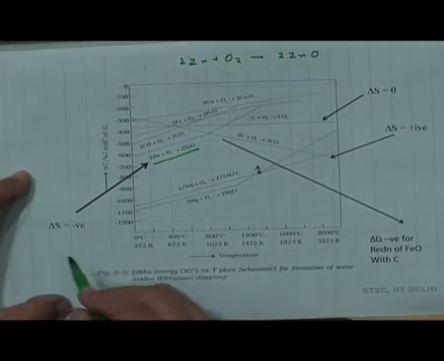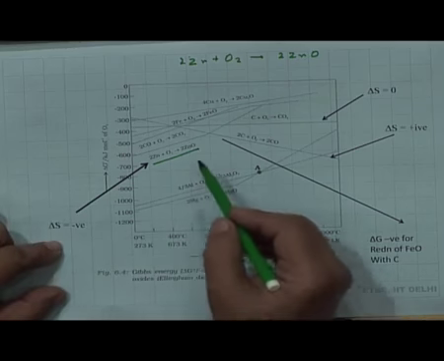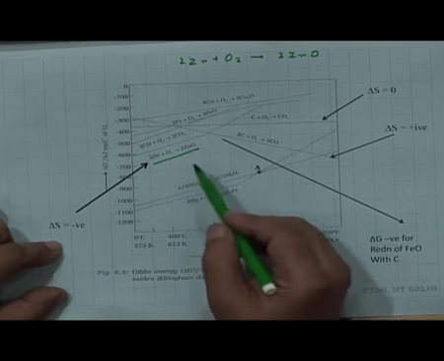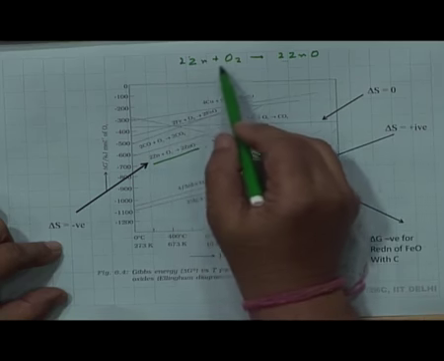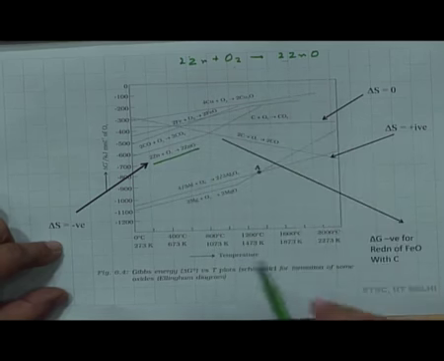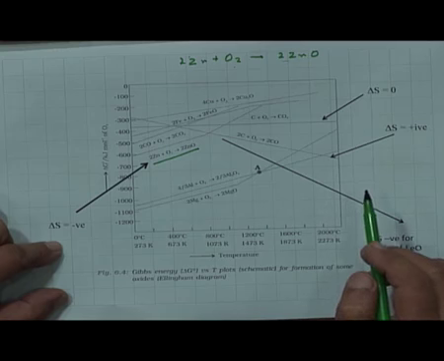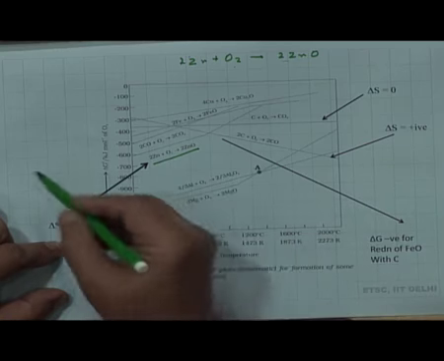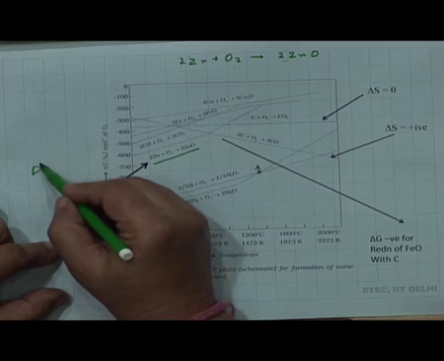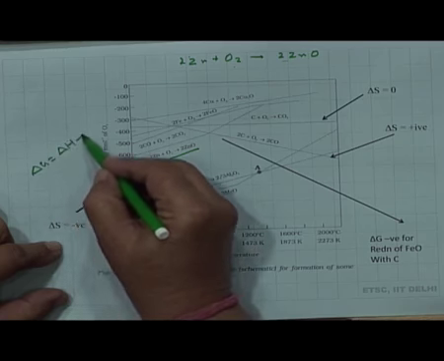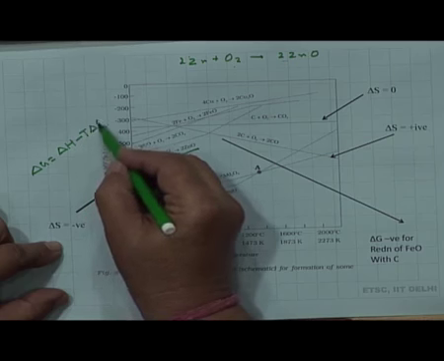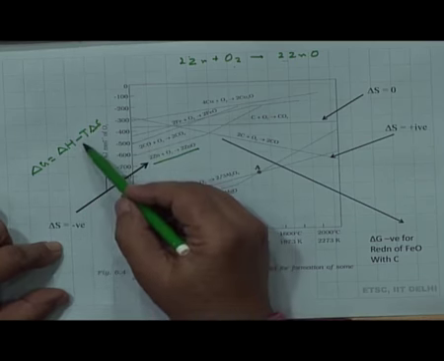For this reaction delta S is negative. Why is delta S negative? Because randomness is decreasing, a solid and a gas giving a solid. So, delta S is negative.